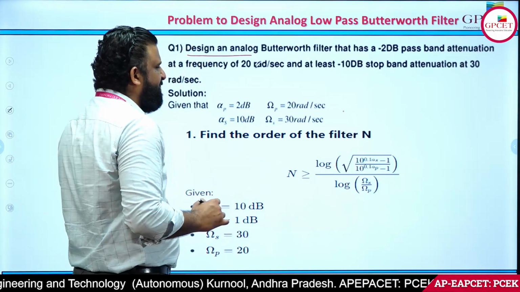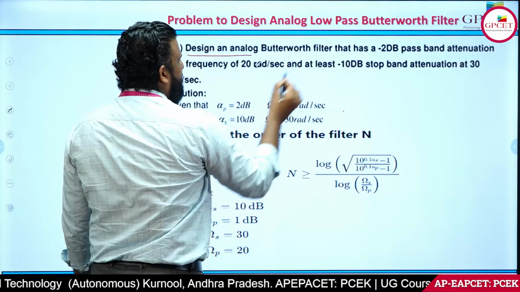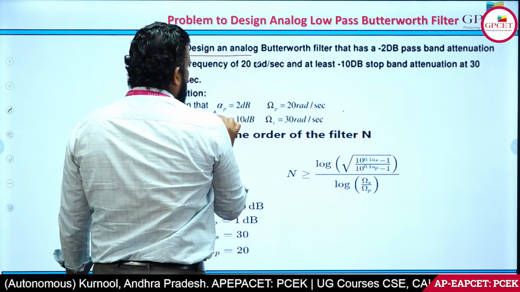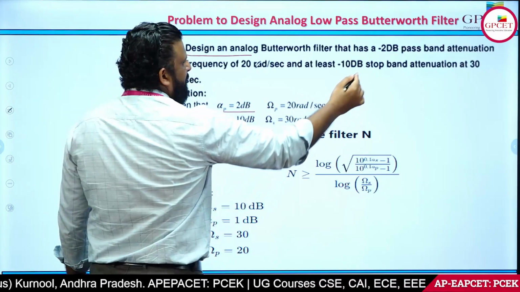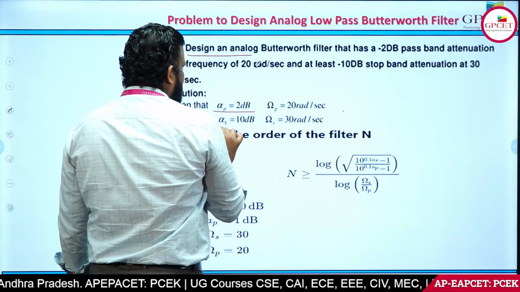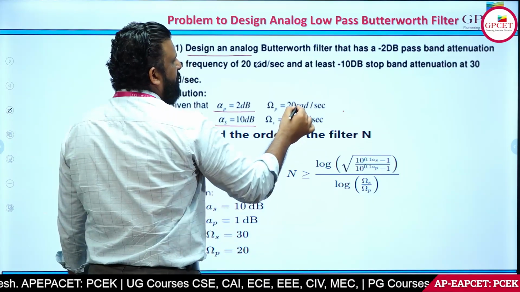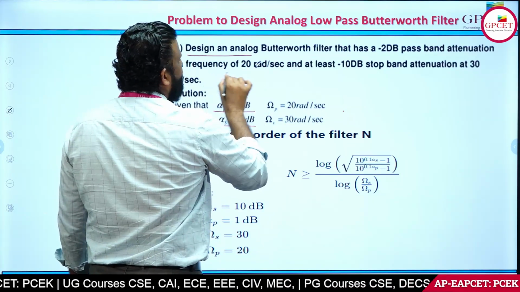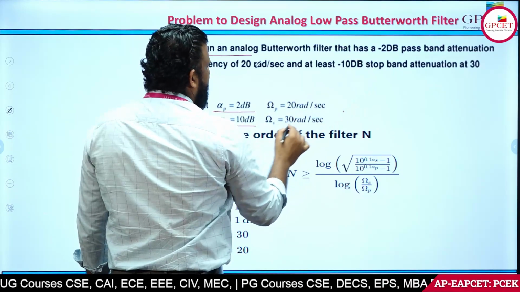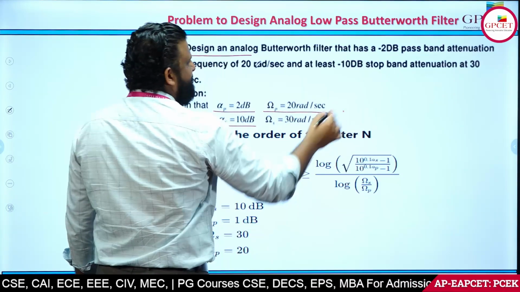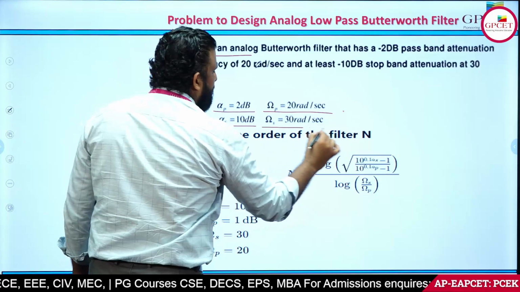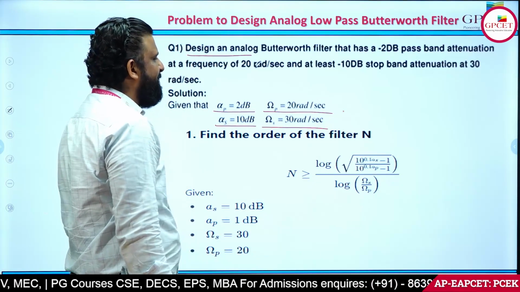So what are the specifications they have given? 2 decibels is nothing but the passband, so we got alpha p. Stop band we got alpha s, 10 decibels. And 20 radians per second is the passband frequency, that is omega p, and for the stop band we got omega s equal to 30 radians per second.